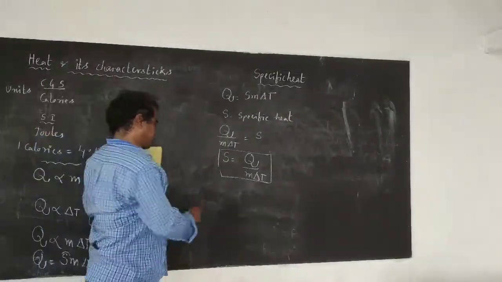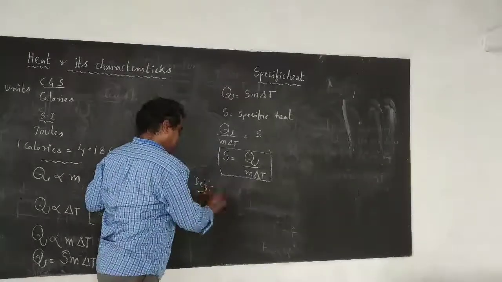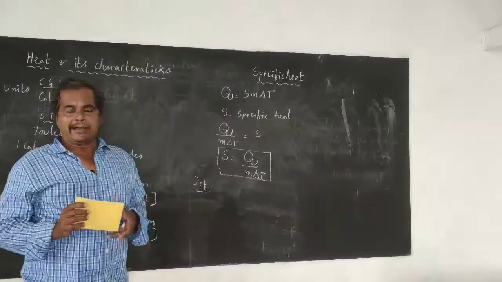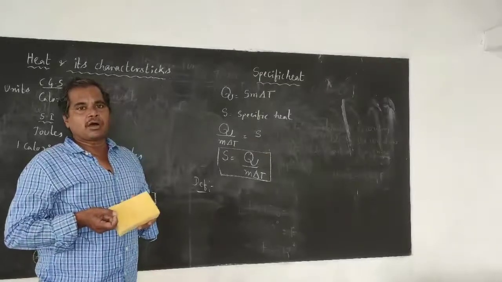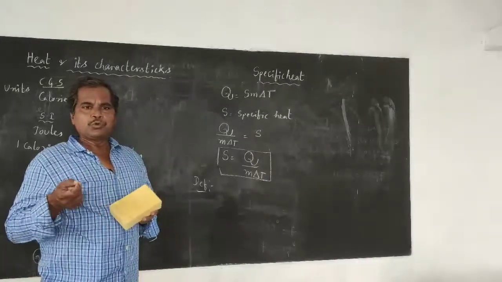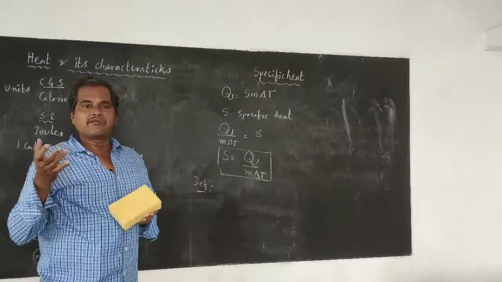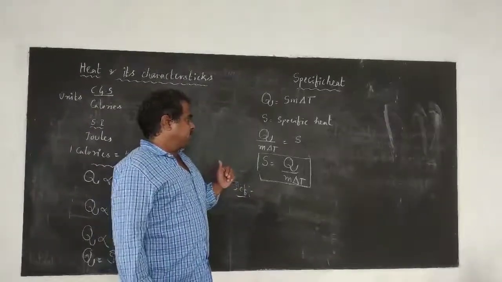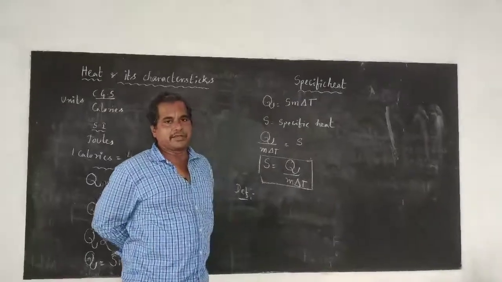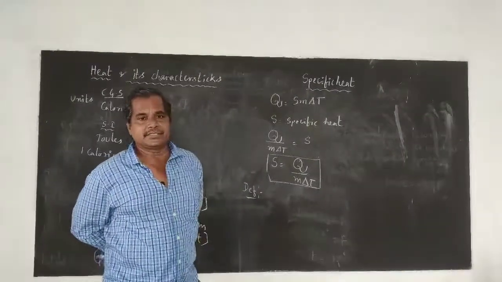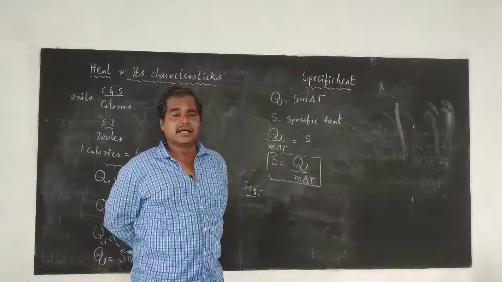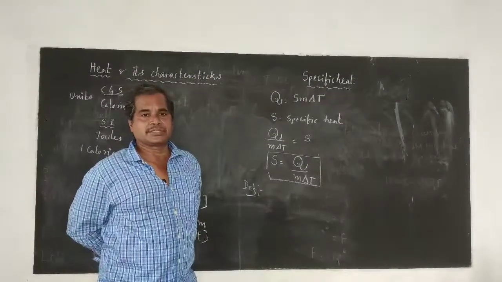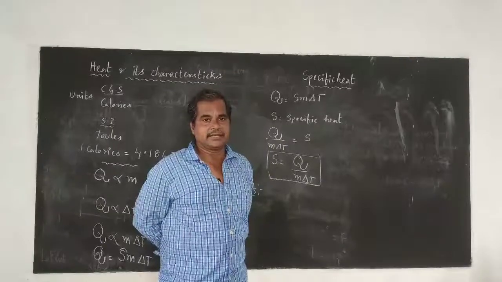So what is meant by specific heat? We can define specific heat as the amount of heat energy required to increase the temperature of unit mass of a substance by 1 degree centigrade.